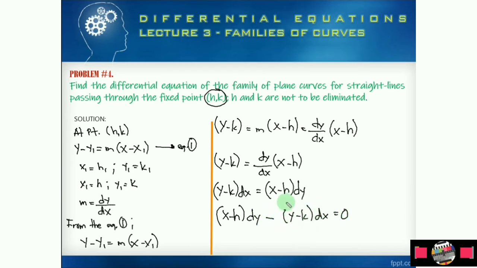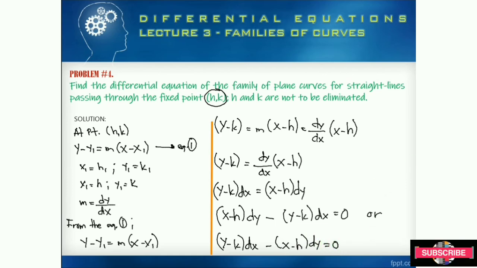Or you can have another form. If you transpose this to the other side, you can also have this equation: y minus k dx minus x minus h times dy is equal to 0.